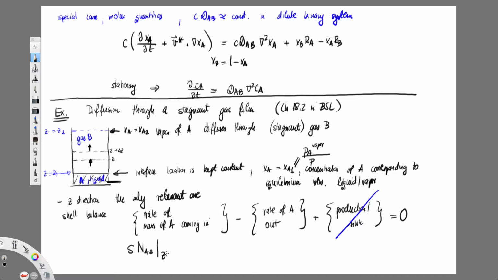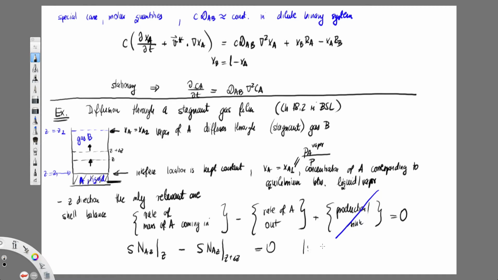NAz at z, so that's stuff coming in, minus surface area times NAz at z plus delta z is equal to 0.